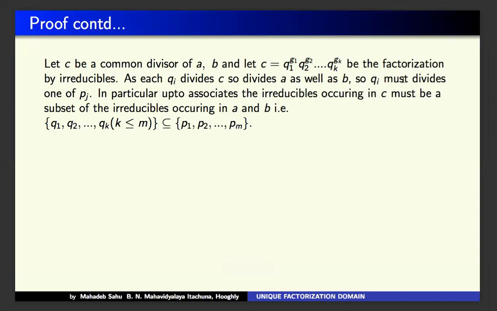Therefore, in particular, up to associates, the irreducibles occurring in C must be a subset of the irreducibles occurring in A and B, and that's why some of the irreducibles in A and B may not be divisible by any of the Qk.